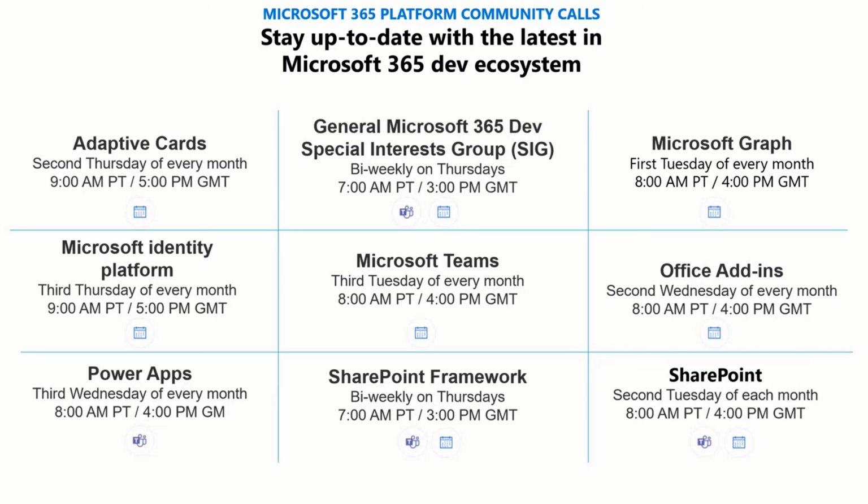If you've got really crazy out of the box questions, these are the place to bring those, and also to learn what the product teams are up to, which is awesome. You can get links to all of this over at pnp.github.io.